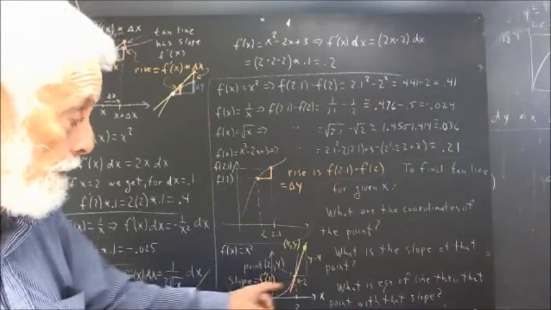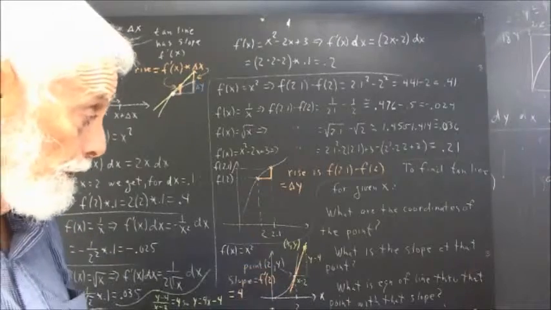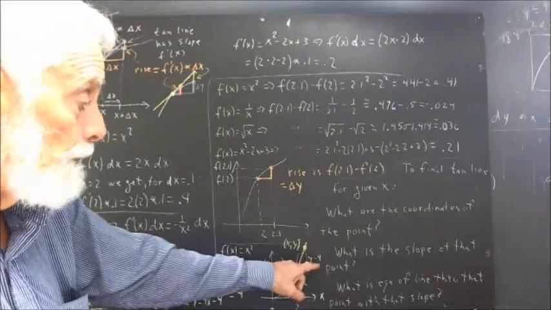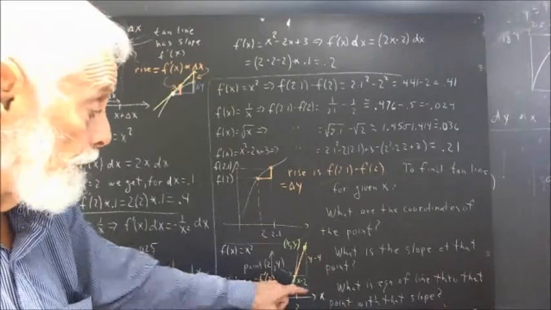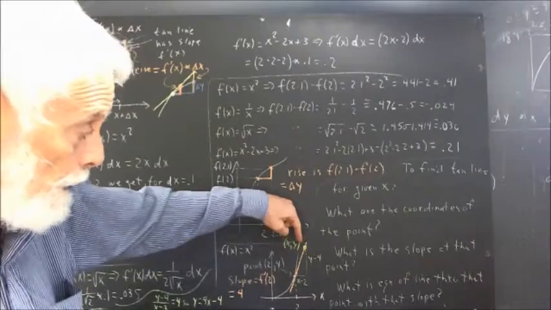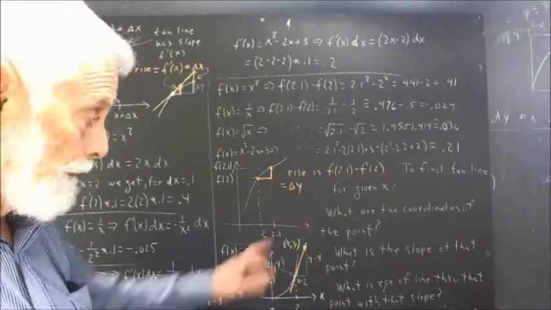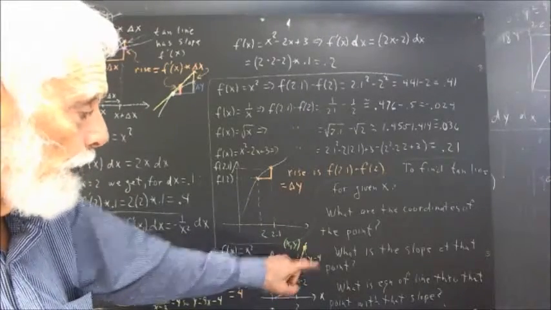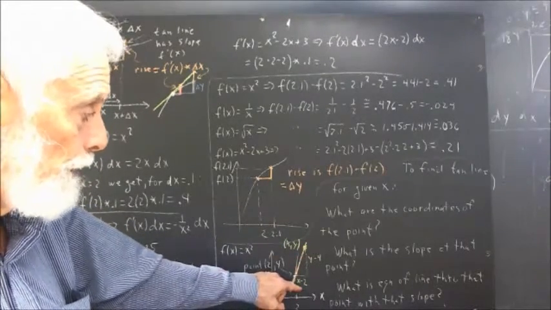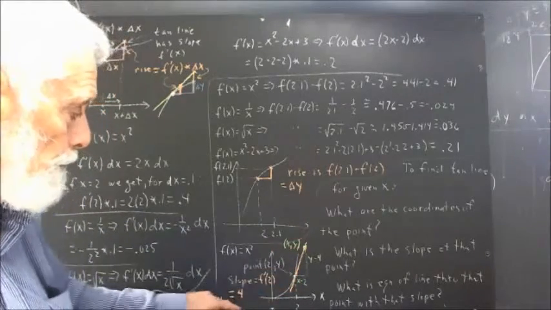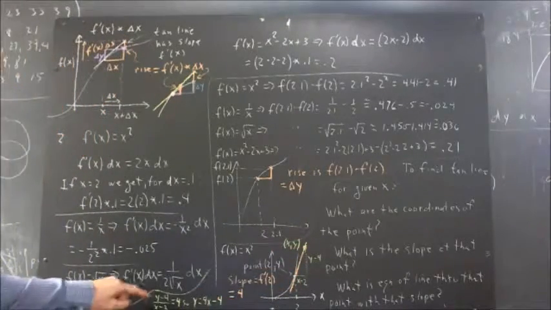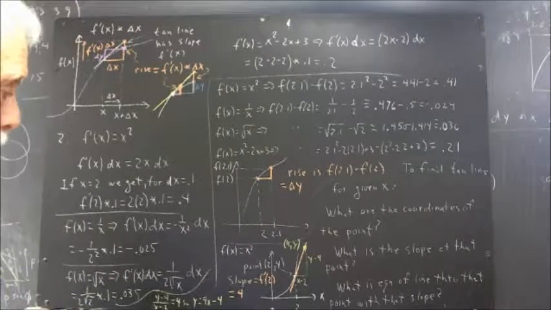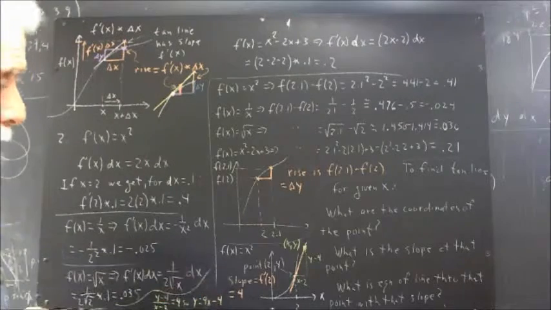The run is x minus 2 because the x coordinate of this point is 2. And now we know that the slope is y minus 4 over x minus 2. The slope from the known point to any old point x, y on this line, whatever the x and y coordinates are, is y minus 4 over x minus 2. And of course, the slope of the tangent line is known. That slope is 4. So y minus 4 over x minus 2 should equal 4. And we can solve that for y, and we get y equals 4x minus 4.